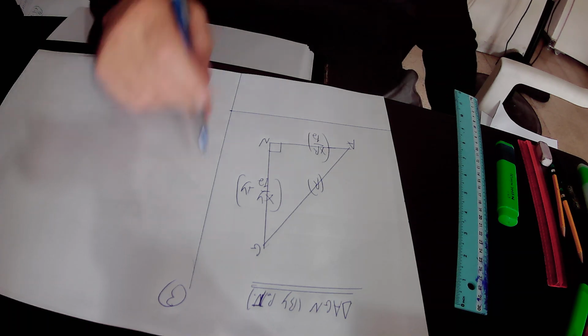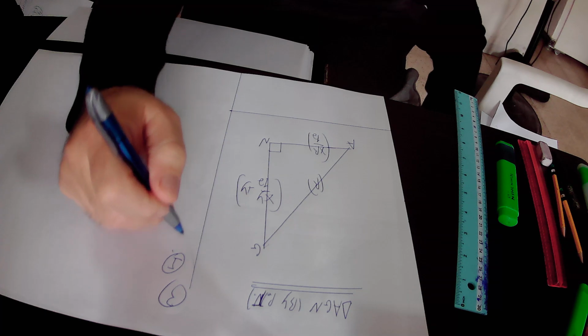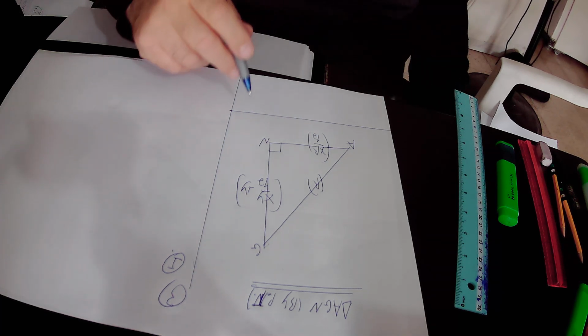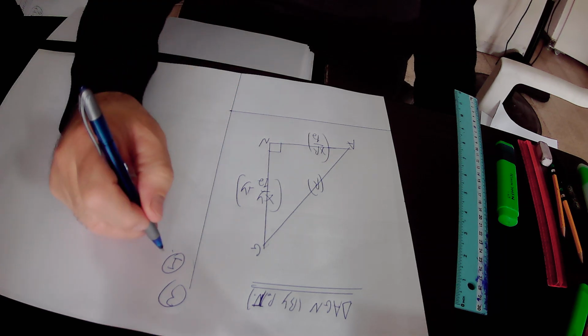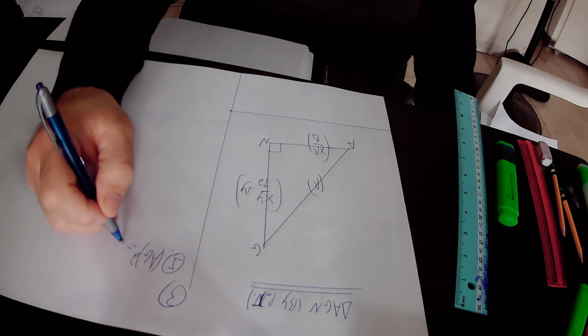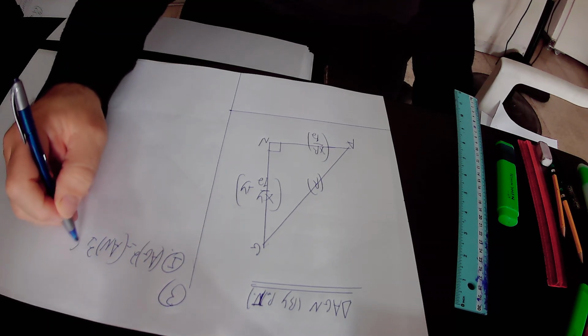So according to the Pythagoras theorem, in any right triangle, the square of the hypotenuse equals the sum of the squares of the perpendiculars. In the right triangle AGN, it means that AG square equals AN square plus GN square.